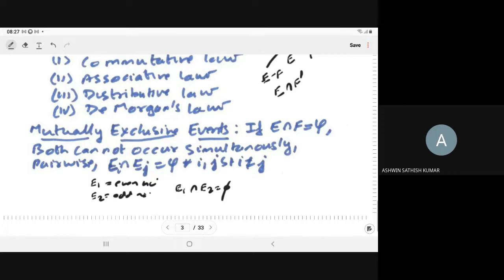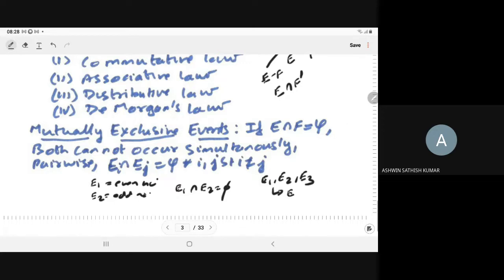When we are talking about mutually exclusive, let us have a very important point. If we have three events E1, E2, E3 that are mutually exclusive, that automatically implies that they are pairwise mutually exclusive.